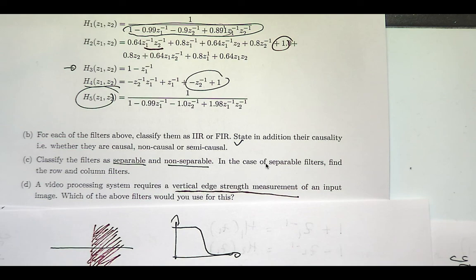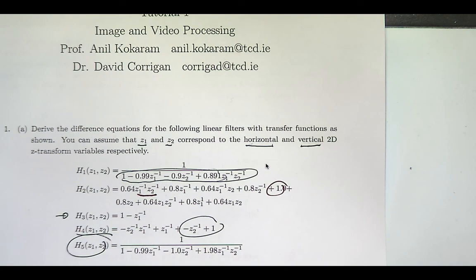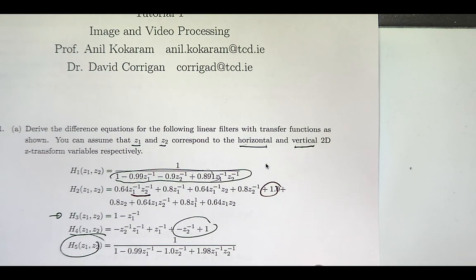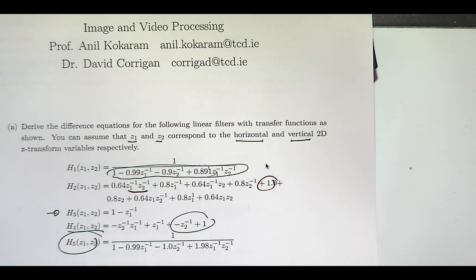So if you look for a vertical edge, you need something that captures what essentially is a high pass filter along the x direction. All right, have I lost you here? Fine. So now we're looking at all these filters, we need to identify which ones are likely to be high pass filters along the x direction, the first direction, so the horizontal direction.